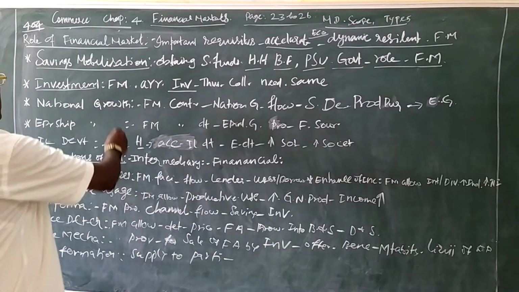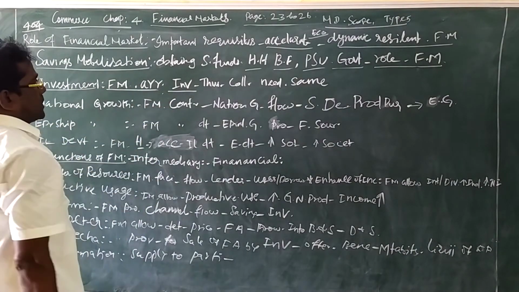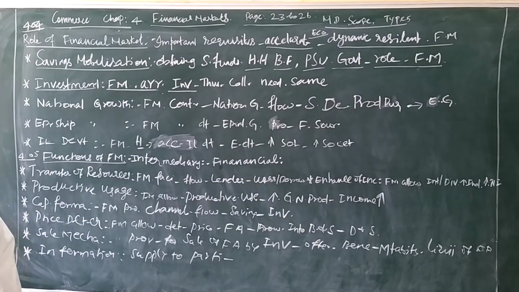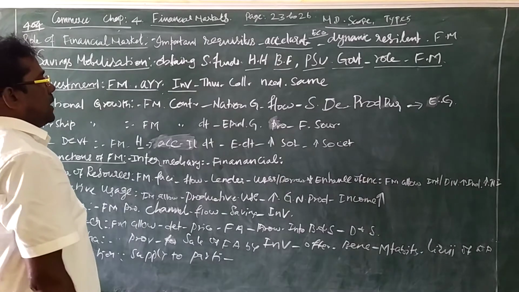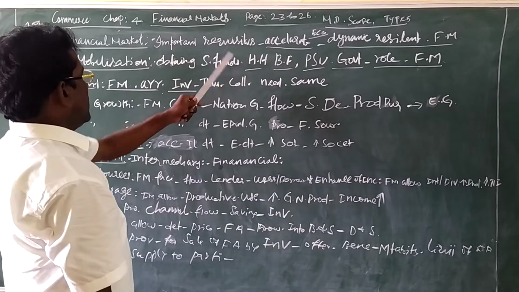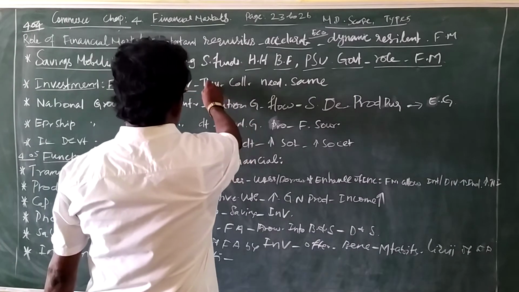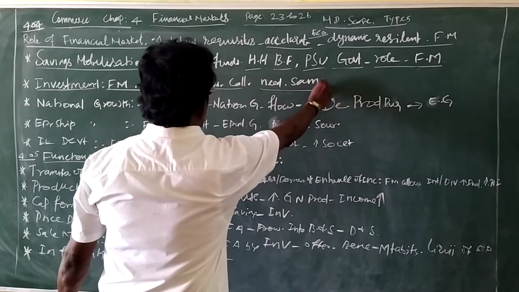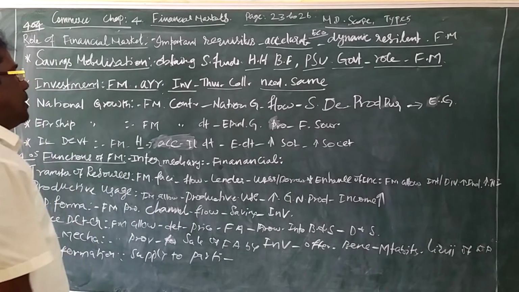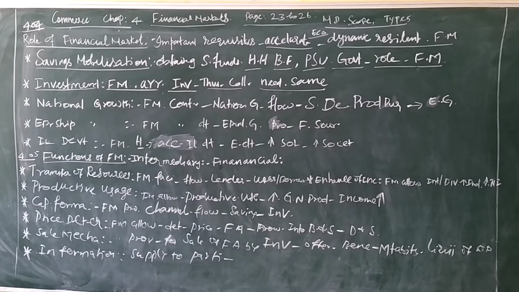So the financial market makes the necessary arrangements for investing the funds thus collected from various sources of savers. It should be invested in various fields wherever the funds are needed. The amount collected from various sources should not be deposited or kept idle.